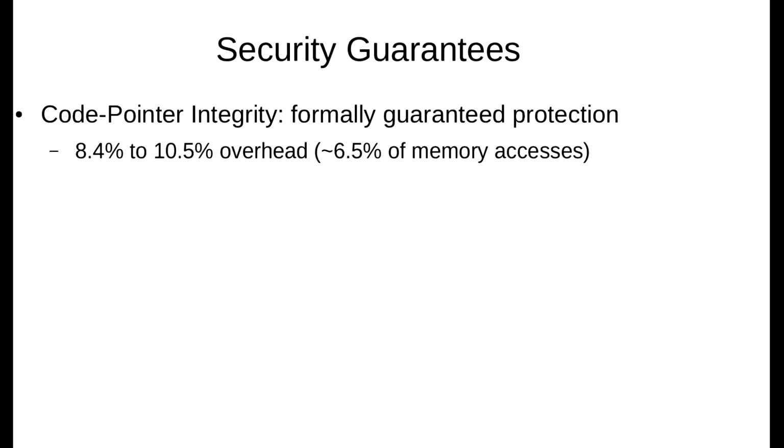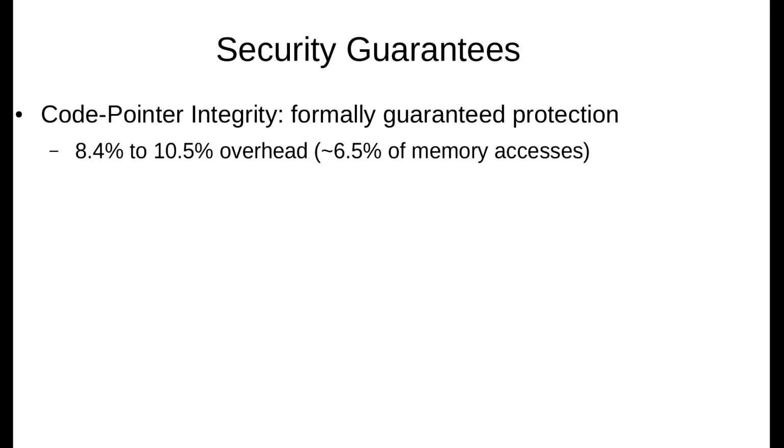So what kind of security guarantees do we have? For code pointer integrity, we offer a formally guaranteed protection. And if you are interested in the more theoretical aspects, we do have a formal proof in our paper.